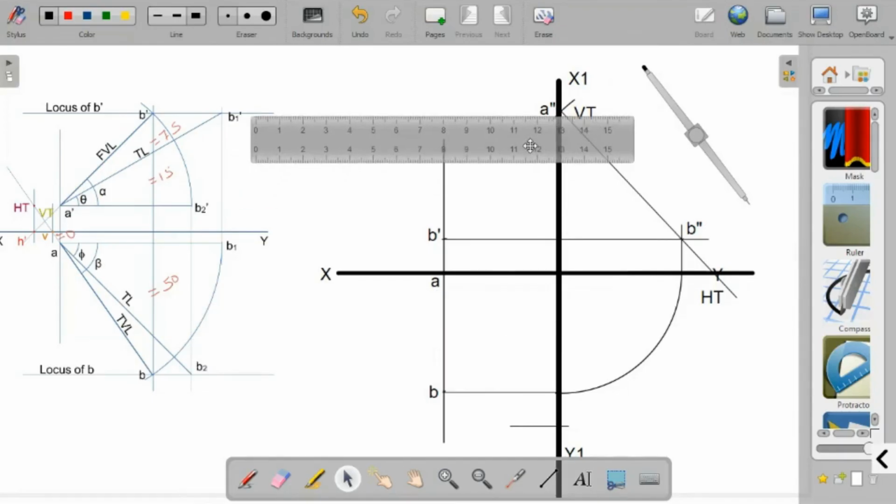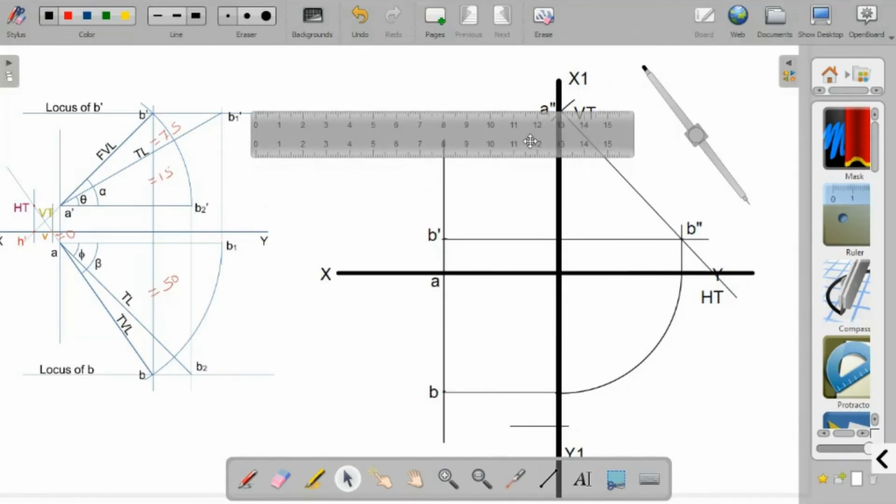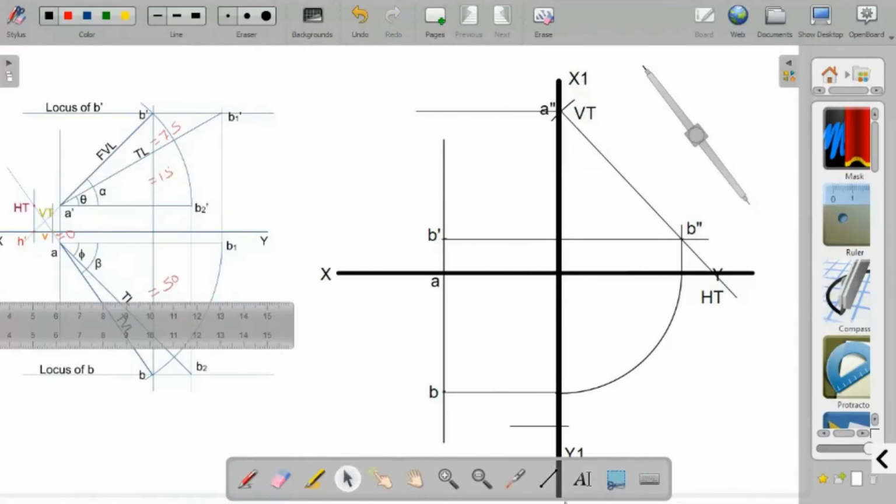Now from this point draw a horizontal line so that it intersects with the projector. Now this point is A dash, not A, it is A dash.